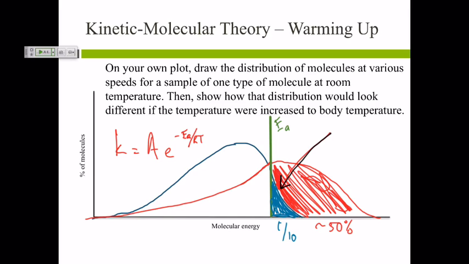So I want you to talk in your group and try to figure out how that equation helps us relate how the change in temperature affects the rate of a reaction.